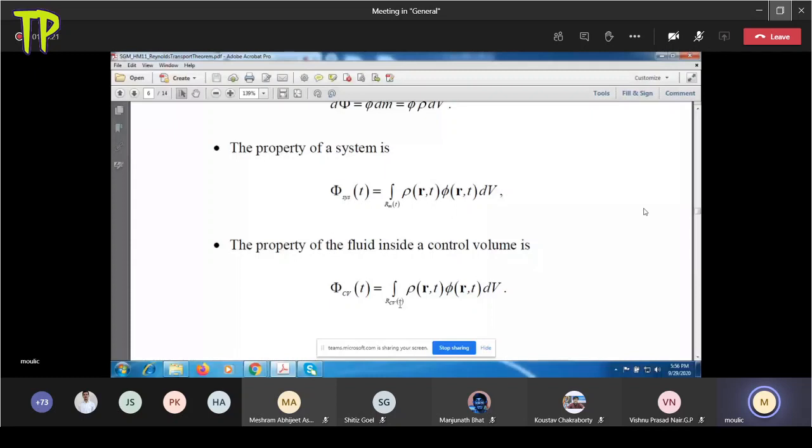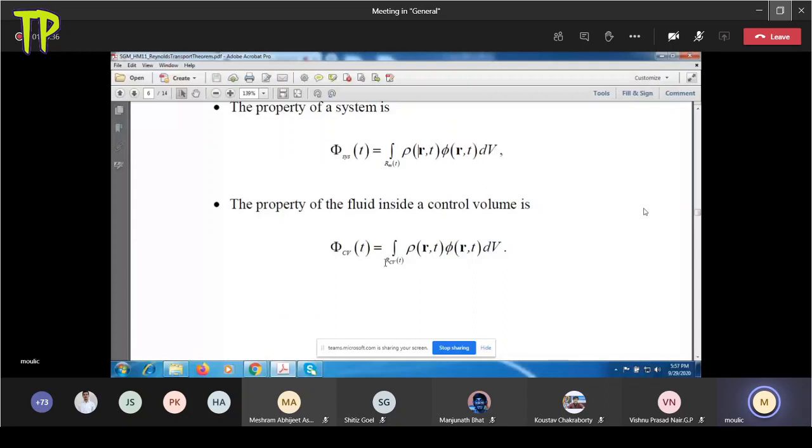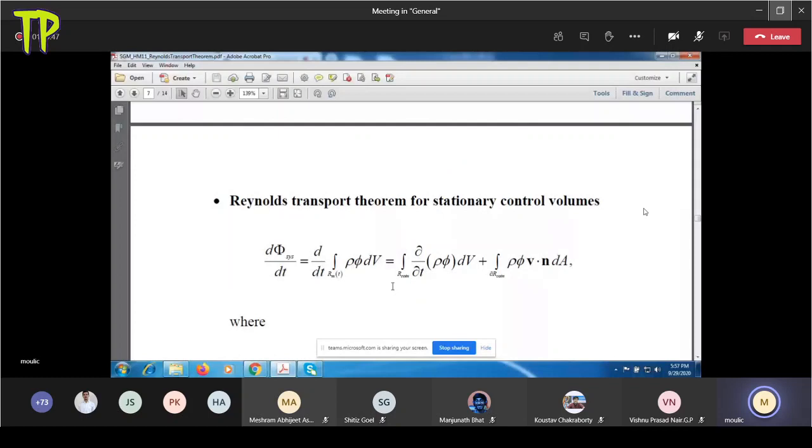If the control volume is stationary, then the limits of integration will be constant. But if you want to apply the Reynolds transport theorem to a Pelton turbine, then we have to consider a translating control volume. So the limits of integration which define this region will be functions of time.